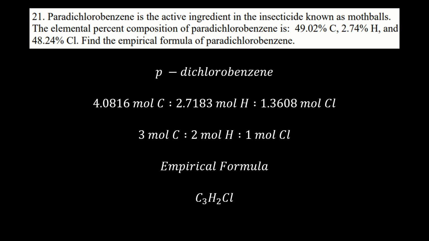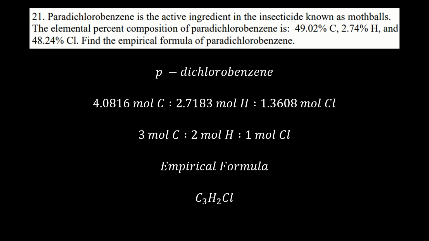Dividing each of those 3 numbers by the lowest of those 3 numbers, 1.3608, that gets us, for every 3 moles of carbon, there are 2 moles of hydrogen and 1 mole of chlorine in our empirical formula. Therefore, we would write the empirical formula as C3H2Cl.